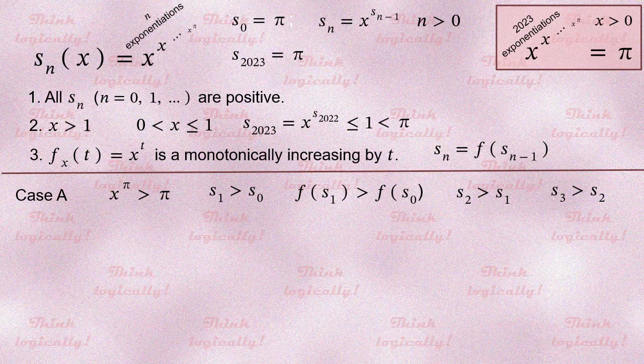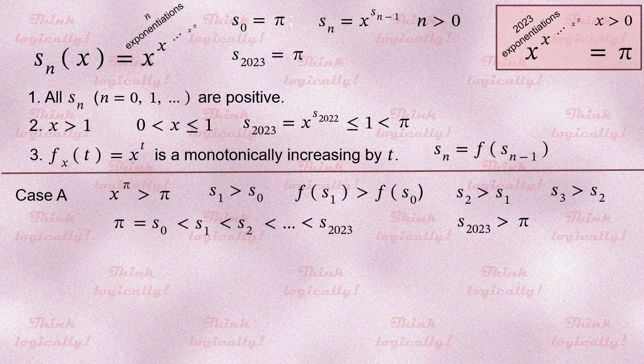So we can write a long inequality. Pi equals s sub 0 is less than s sub 1, which in turn is less than s sub 2, and so on up to s sub 2023. This means that s sub 2023 is greater than pi, but we want them to be equal.